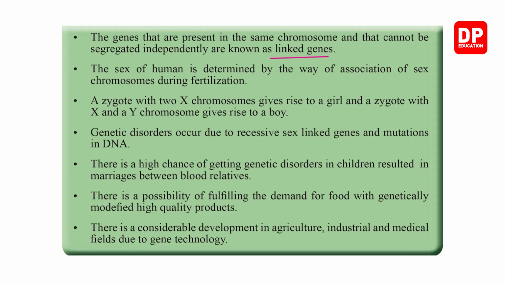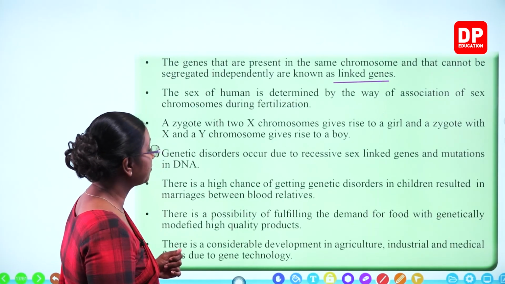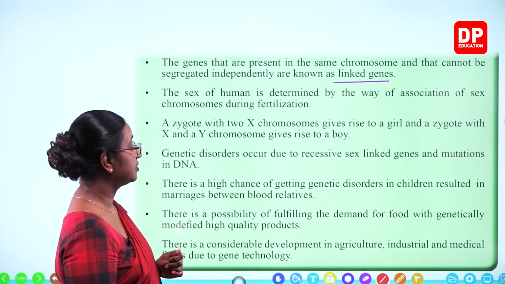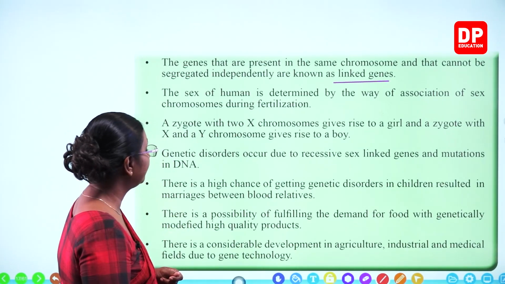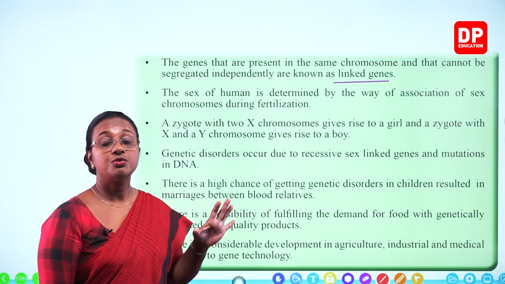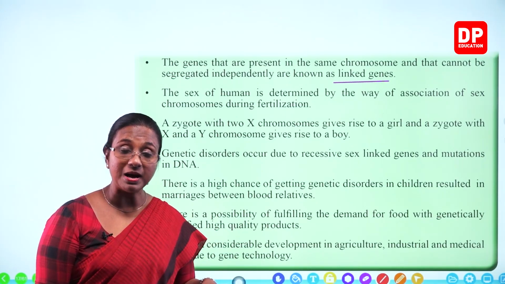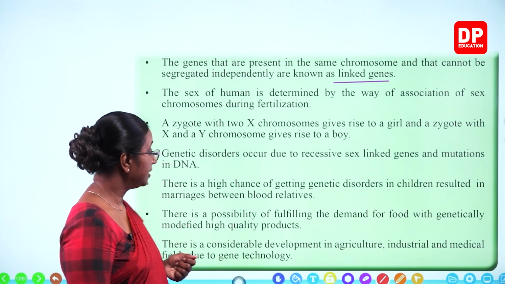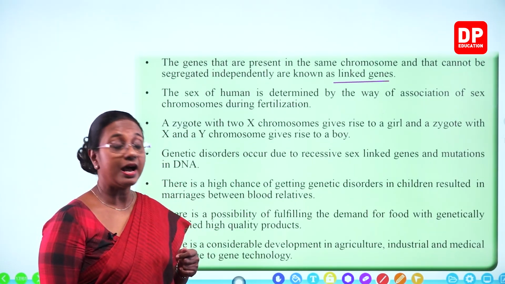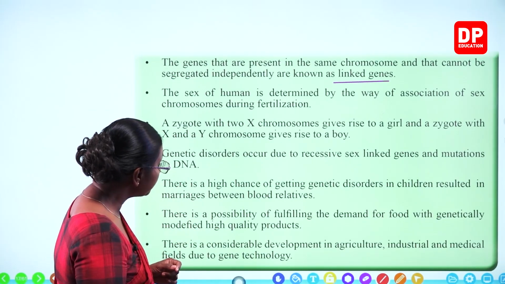Genetic disorders occur due to recessive sex-linked genes and mutations in DNA. There is a high chance of getting genetic disorders in children resulted in marriages between blood relatives. So marriages among blood relatives can give rise to children with genetic disorders. The chances are high.